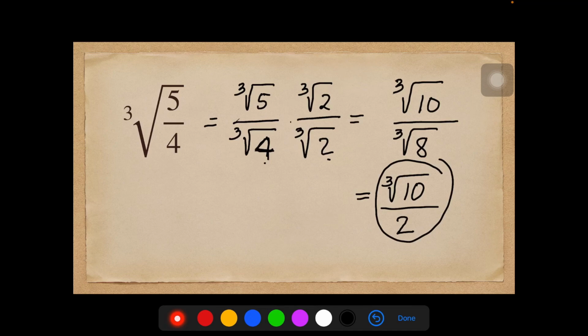And this one is simpler than this one. Okay, I hope you have no more questions on simplifying radicals by removing the perfect nth power, reducing the index to the lowest possible order, and rationalizing the denominator.